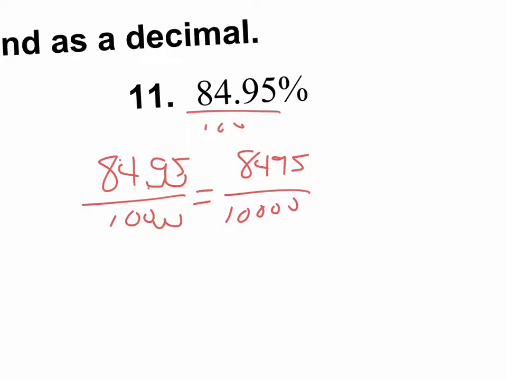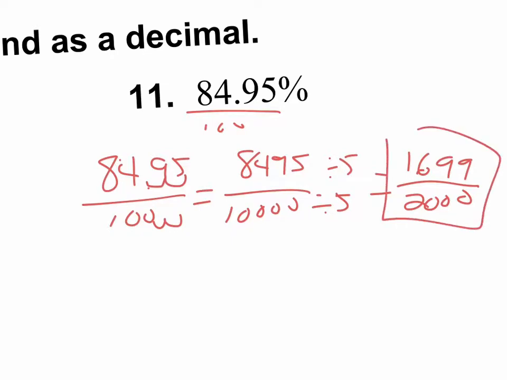Then we divide by 5, so 8,495 divided by 5, and 10,000 divided by 5. I get 1,699 on top, and 2,000 on bottom. Make sure it's simplest form. That is your answer.